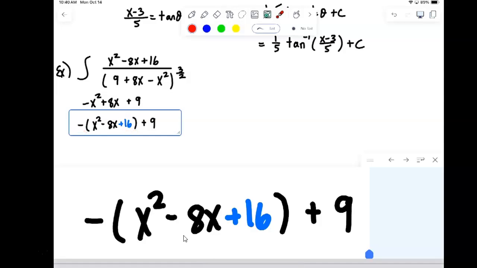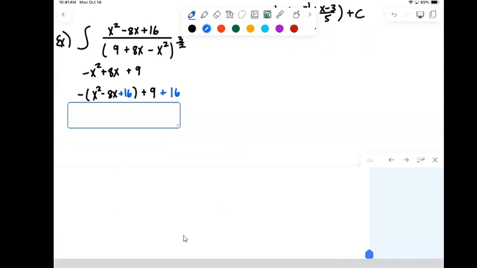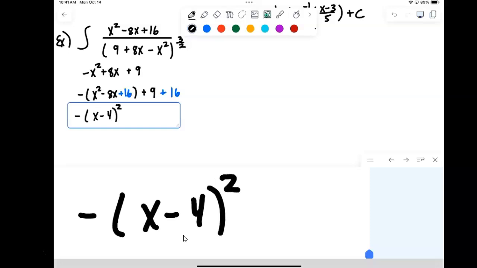So on the outside, I have to also add a 16. And then we simplify this. We'll factor as x minus 4 quantity squared plus 25.